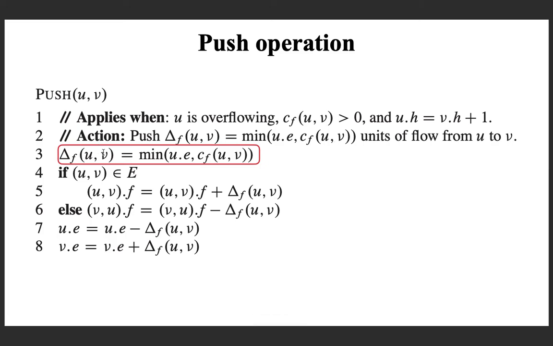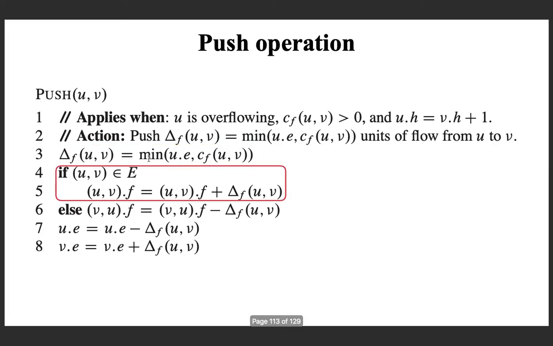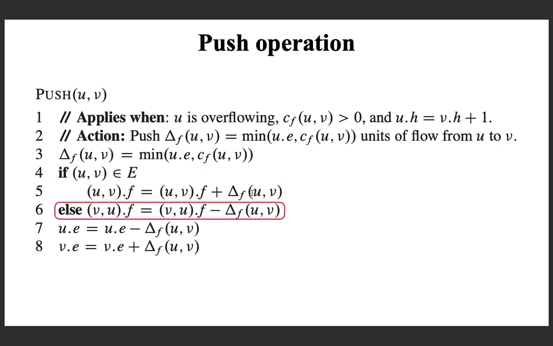So you find the amount of flow that you can push, and now you check. Suppose this edge or conduit is present in the original network, then that means it is an existing conduit, so you want to increase the flow along that. And if it is not the case, that means you are sending it back, so you are subtracting.